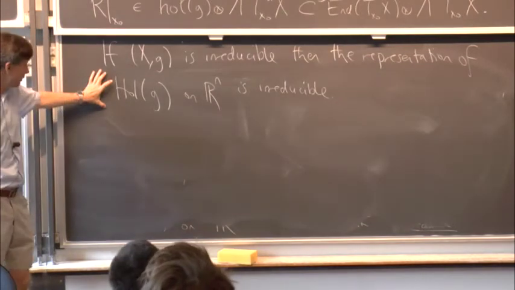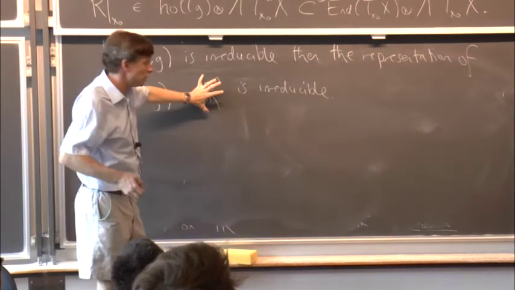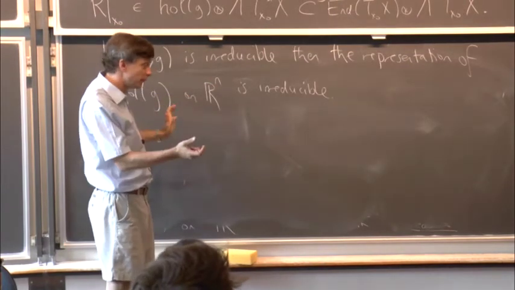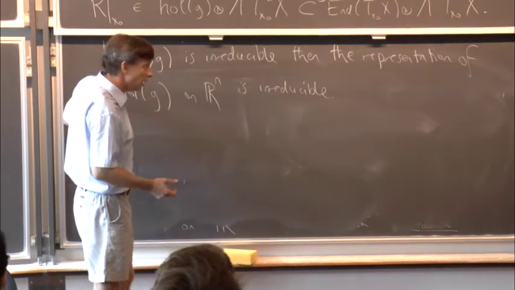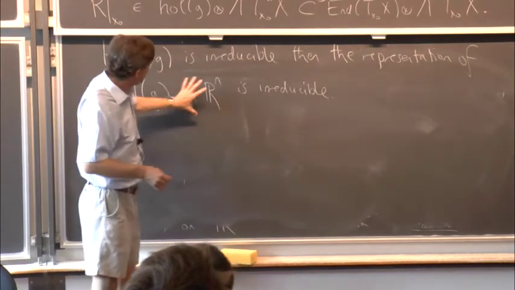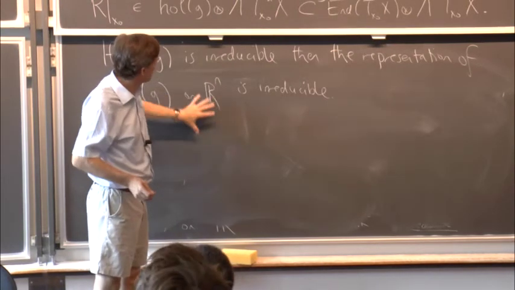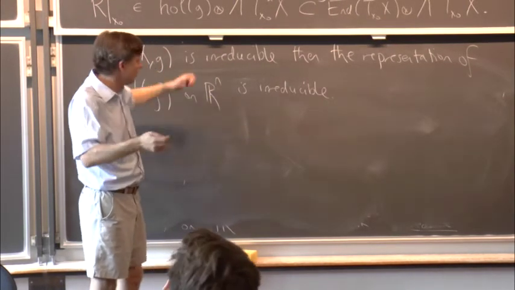If you had a metric with a holonomy group whose action on R^n was reducible, so R^n splits into the direct sum of two pieces, on each of which the holonomy group has a separate representation, you can use parallel transport to define a local foliation, a local product structure on the entire manifold.